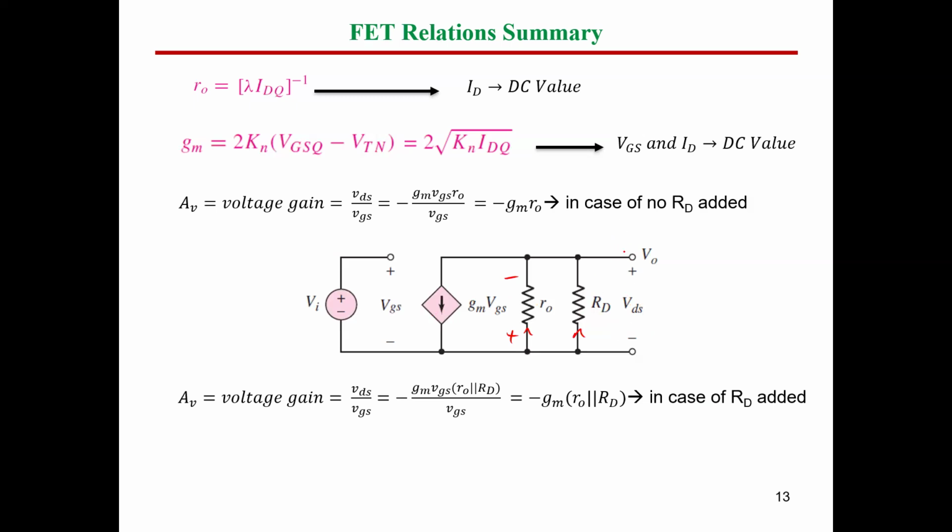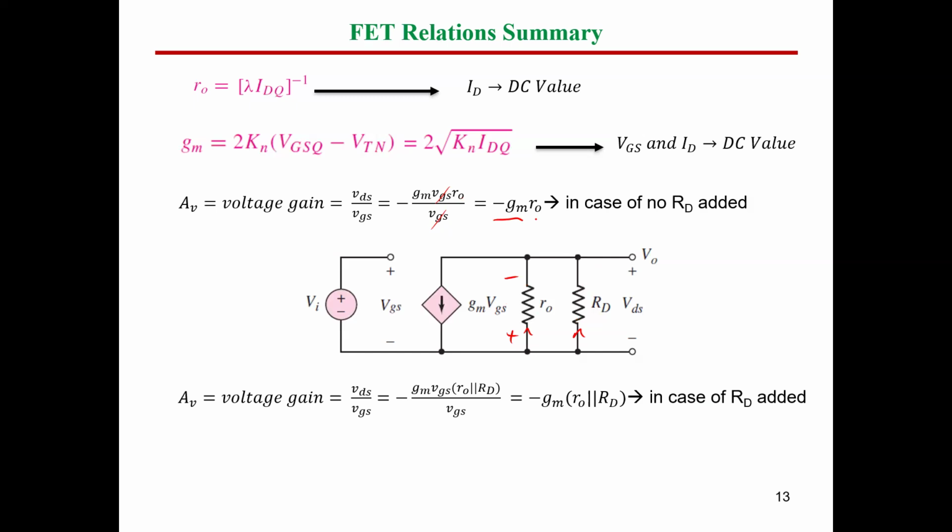So now, in case of neglecting RD, if there's no RD in the circuit, the gain is going to be minus gm VGS RO, which is the voltage drop across RO, divided by the input voltage VGS. So you have VGS here and VGS here, and these cancel, so it's going to be minus gm R out.